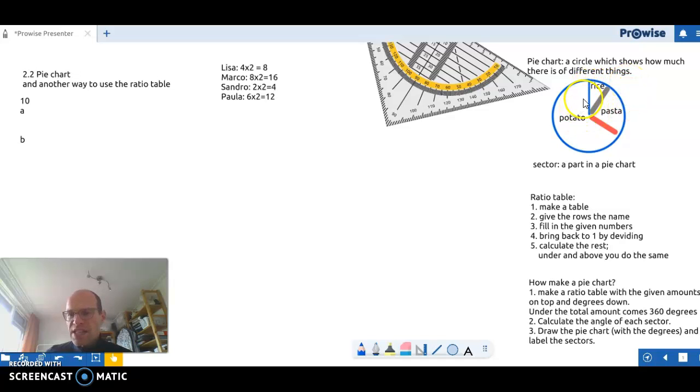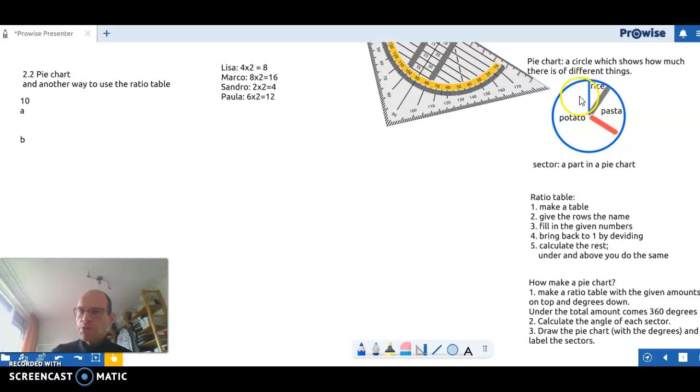The angle of each part basically represents how much there is. So one circle would be 100%, then this will be kind of 60%, and so on.